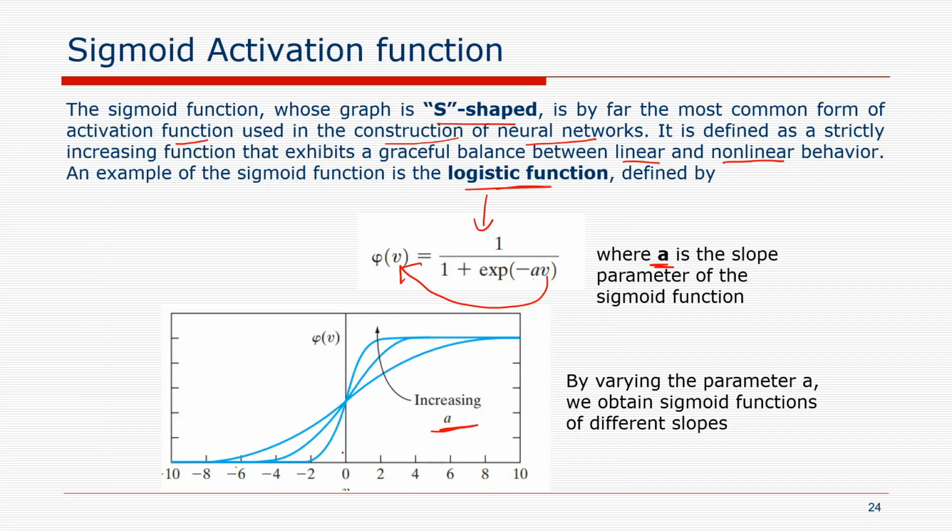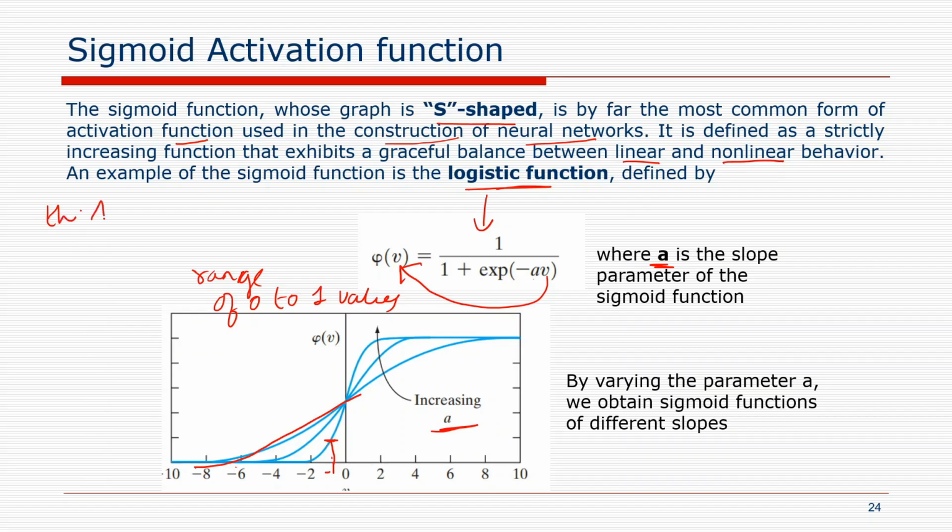If the input is -1, then on this curve it outputs something like this. It will not be exactly 0 and 1, but it will be in the range of 0 to 1, because it keeps going like this.